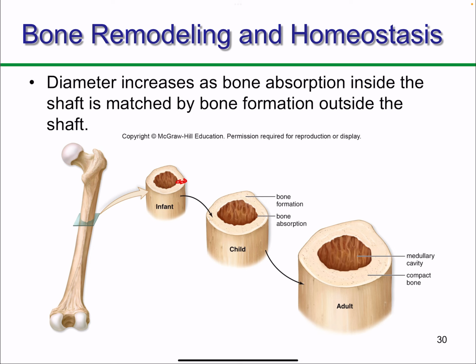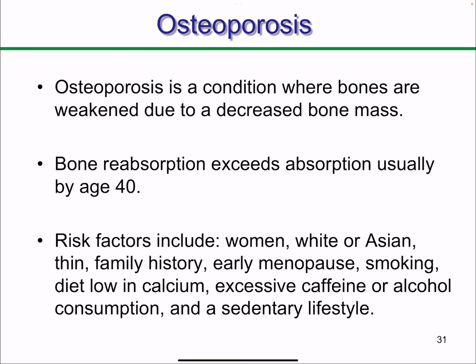So as we grow, we have to absorb calcium and other ions, including magnesium and phosphorus, phosphate ions, right? Now, not everything is always perfect in our system.